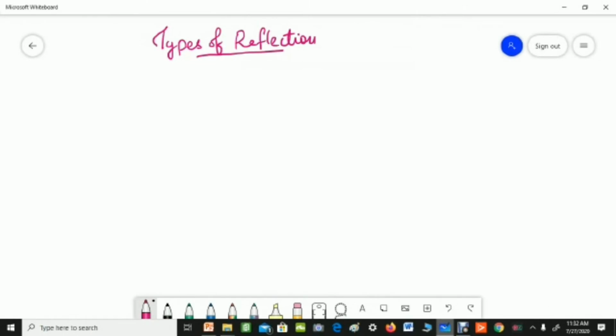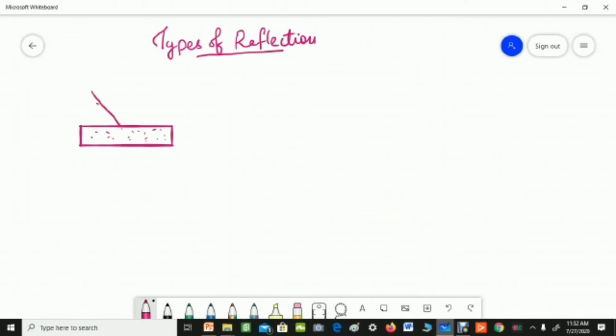Now let us look at types of reflection. You already know that a smooth and highly polished surface reflects almost all the light that falls on it. Consider this as a smooth and polished surface like a mirror or water.